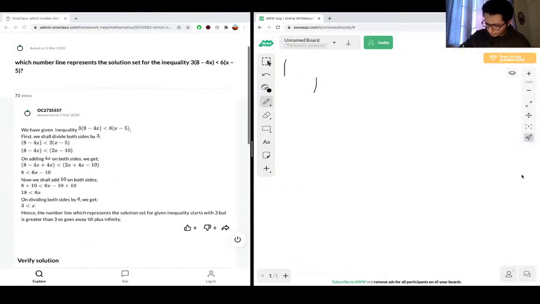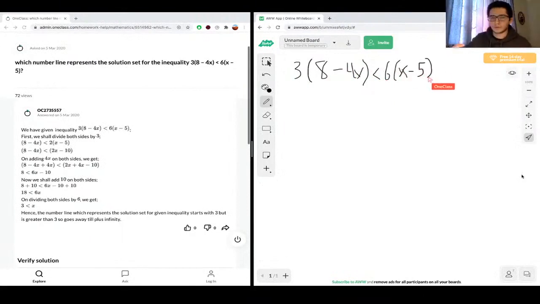Okay, so back to the question. The question is asking us for the following inequality. So the first thing we have to do here is to simplify it into its simplest form.